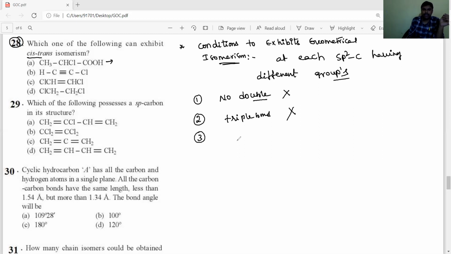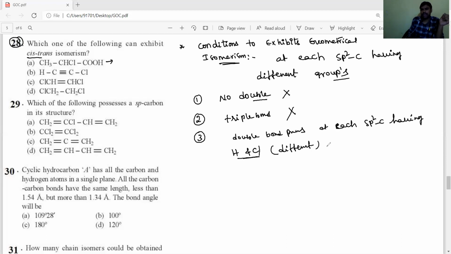Next, the third one, a double bond is present, and each sp2 carbon has different groups, hydrogen and chlorine. That's why they are different groups, so it shows geometrical isomerism.